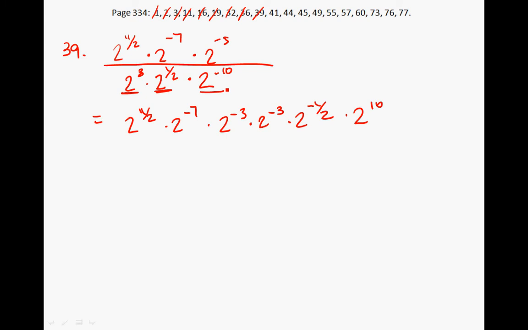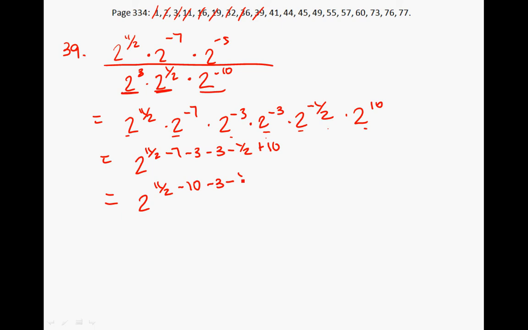Okay, so now we can just combine our exponents, and since all of these are the same base, we don't have to rewrite that over and over again. We have 11 halves minus 7 minus 5 minus 3 minus 1 half plus 10. Okay, so we're going to start simplifying.